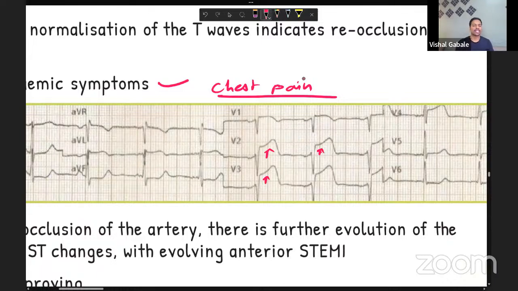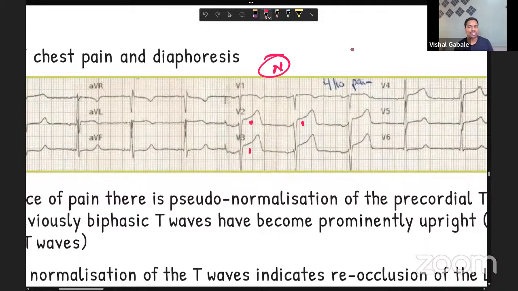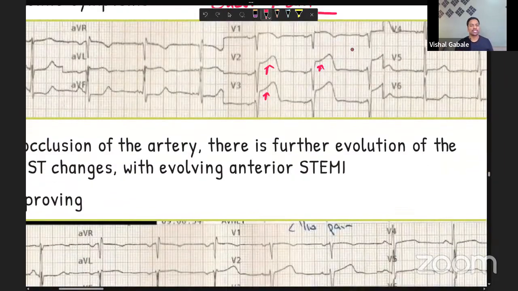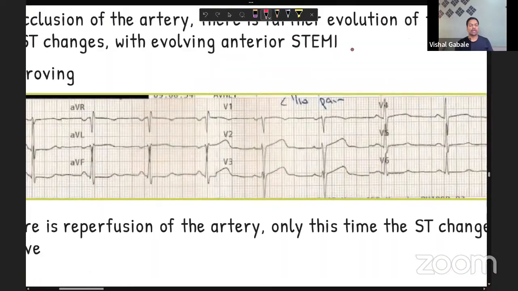So that's why whenever your ECG is like this, it looks a little normal. Not absolutely normal, but you can appreciate this ST elevation is not as much as compared to the other when the patient has chest pain. Similarly, when the patient has no chest pain, symptoms are improving here.